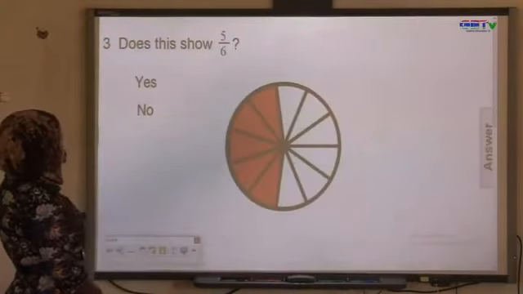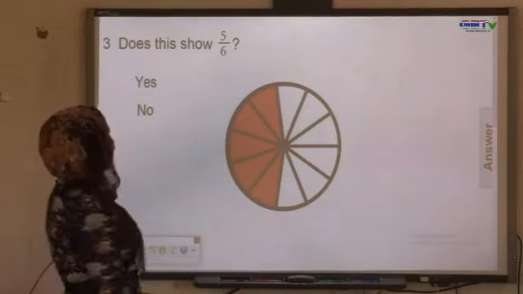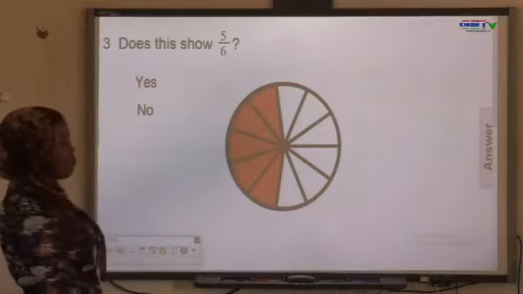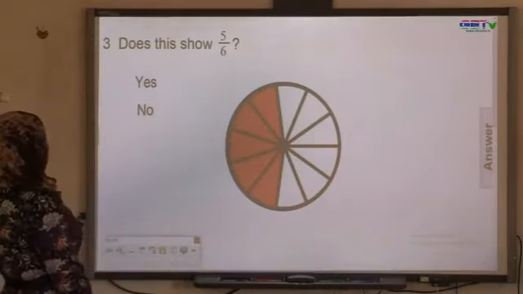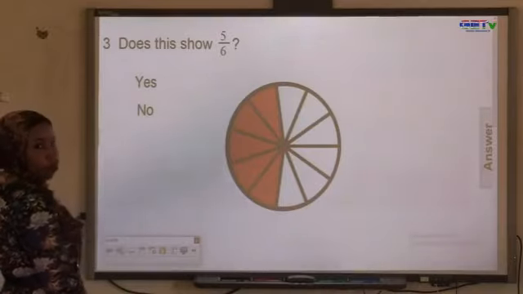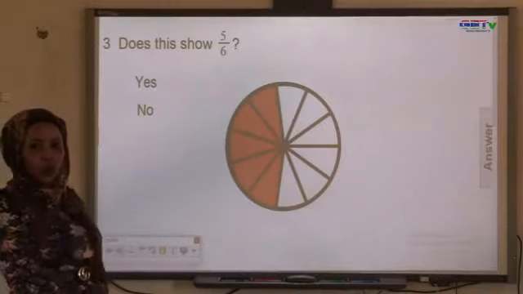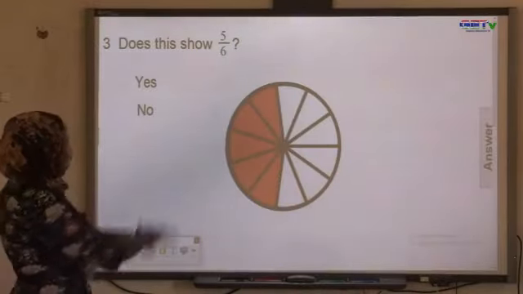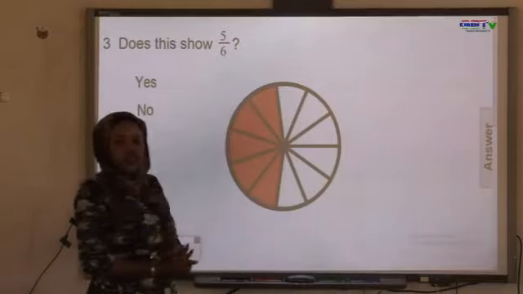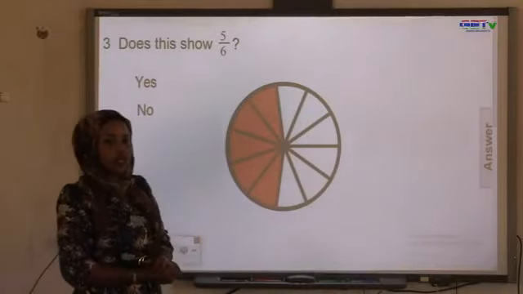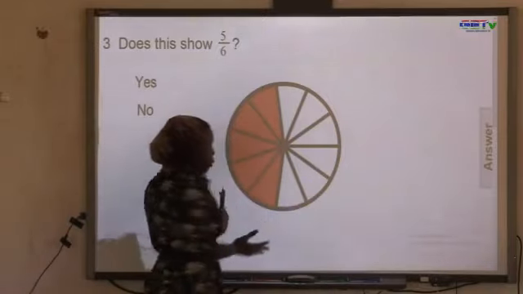Does this show 5/6? Yes or no? Okay, what do we have here? We have a chart. And this chart is divided into how many equal parts?